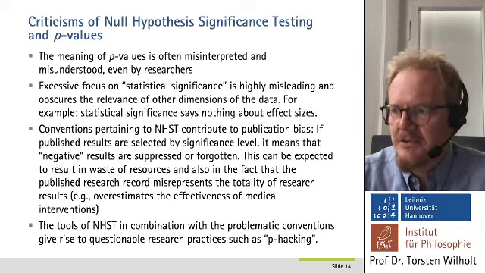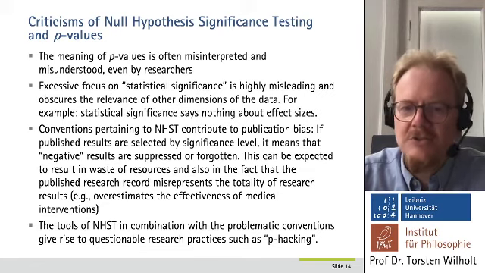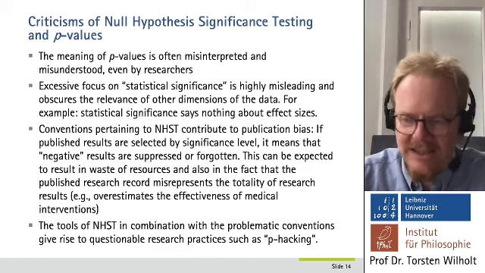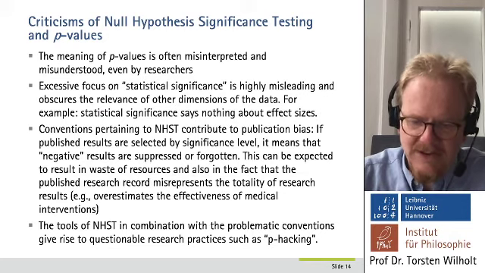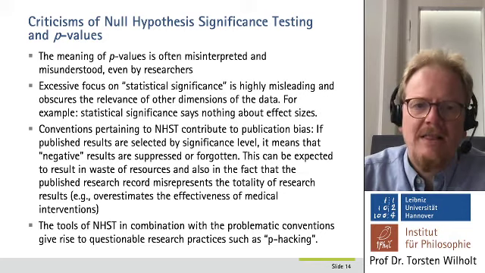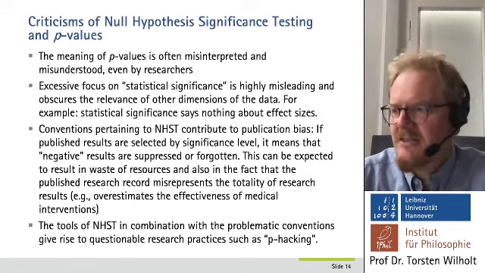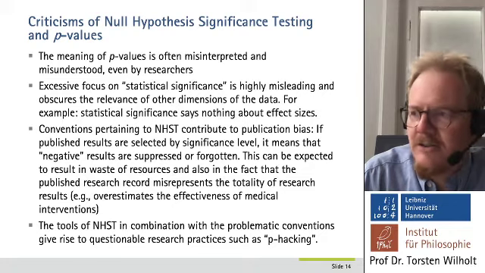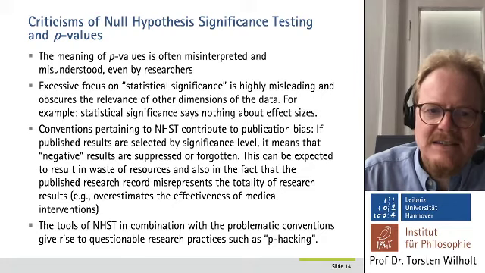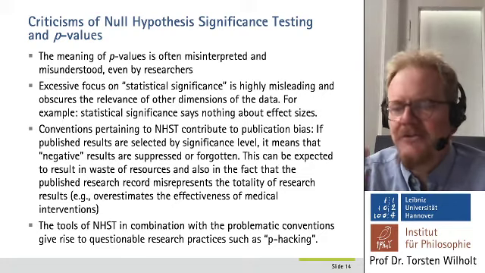When you do a study and you don't get a significance level of 5% or lower, then you cannot publish it. And it just lands in the file drawer, as it is often called. So that's the so-called file drawer problem.